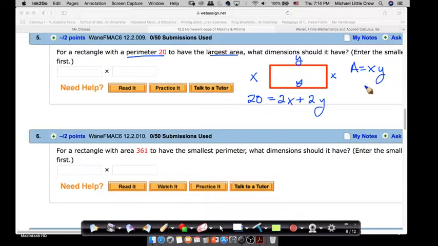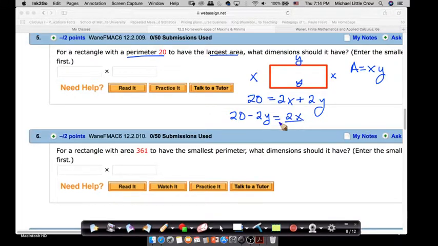And again, we're doing exactly the same thing. We want to get either just x's up here or just y's. So we take the perimeter formula and we solve it for either x or y. So I would maybe subtract 2y from both sides. That gives us 20 minus 2y equals 2x.